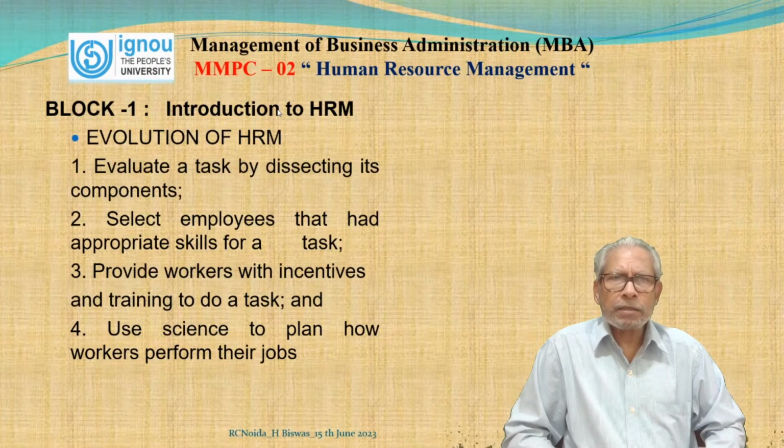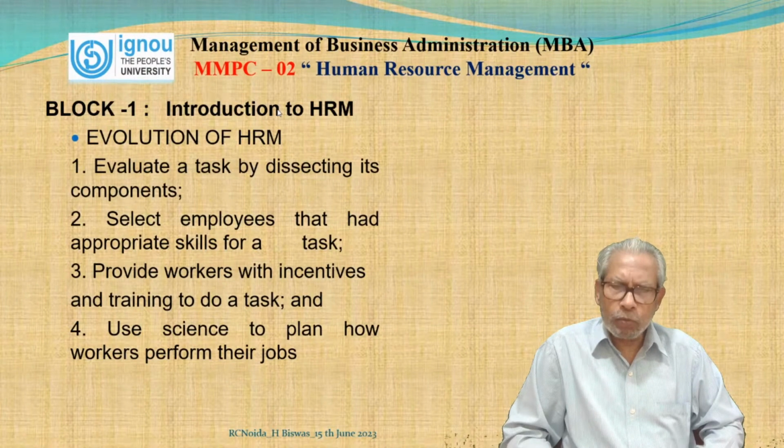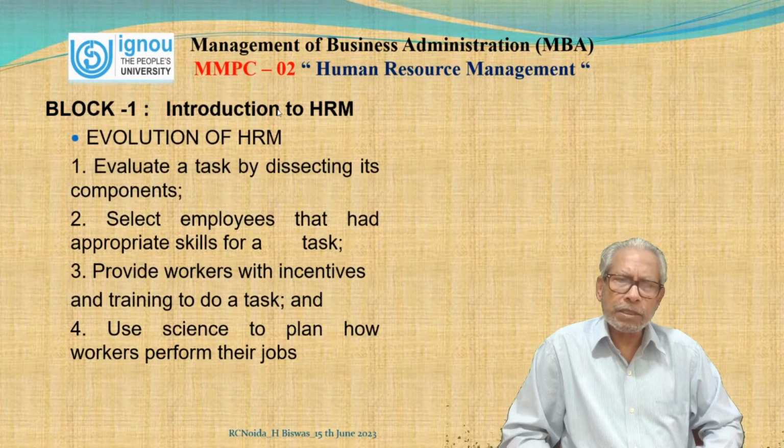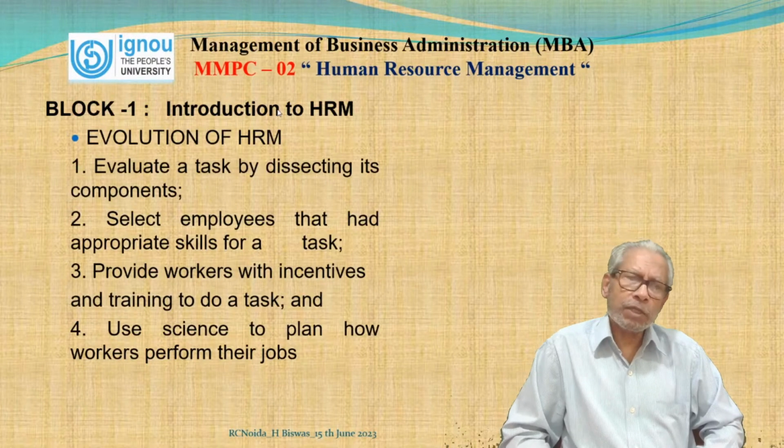These are all activities inclined towards human development, or we can say these are all objectives of HR. There are so many significant purposes. So use science to plan how workers perform their jobs.